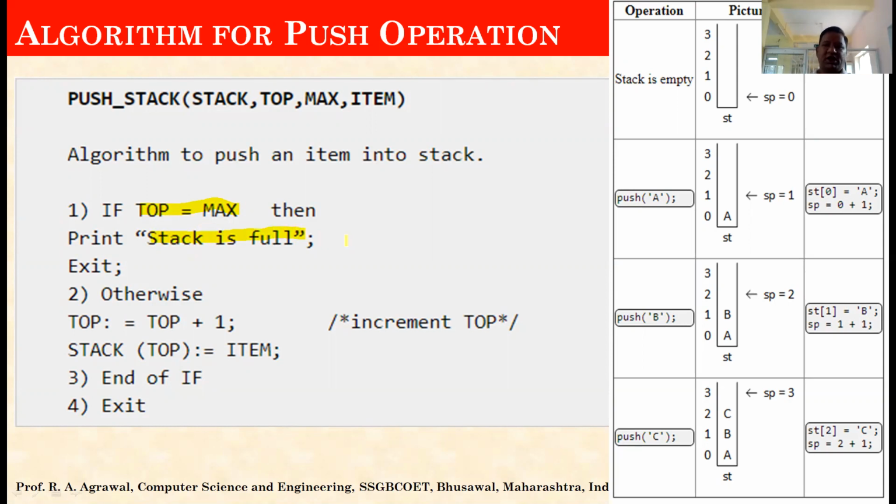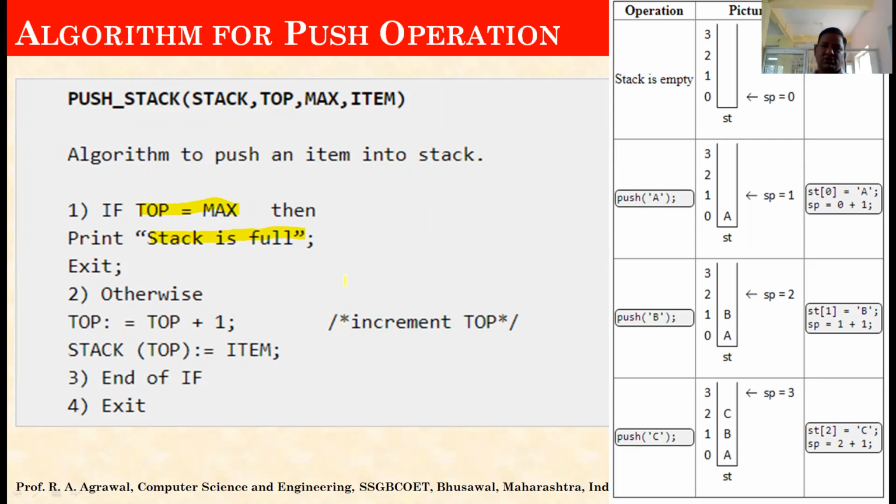That means if top is pointing to the maximum size in case of an array, then since top starts at -1, it is represented as top equals max size minus 1. When this condition occurs, that top equals max size - 1, that type of error is called stack full error or stack overflow error.